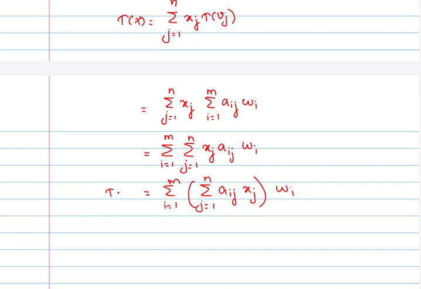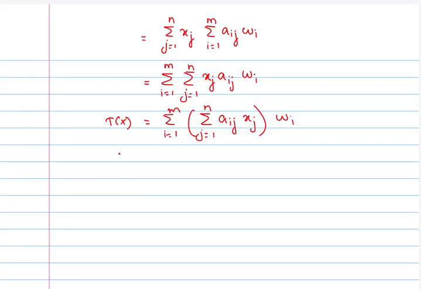Now this is my T(x), which also belongs to my vector space W. So we take the coordinate vector of T(x) with respect to the basis beta. What will come?